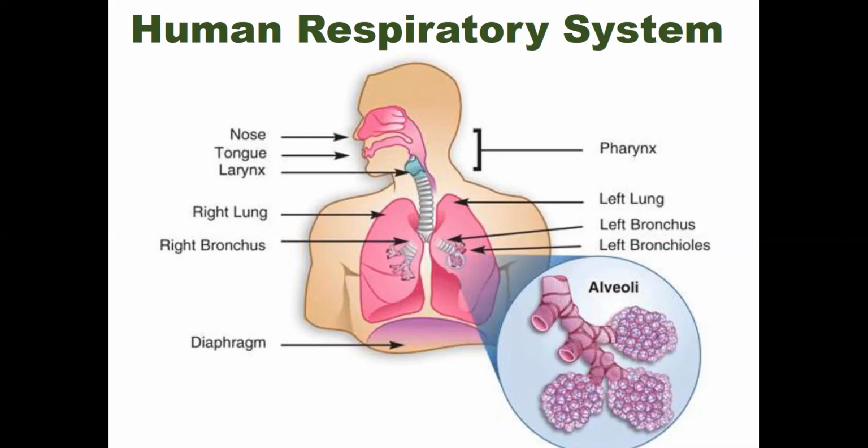What are the functions of the lungs? Let me tell you. The primary function of the lung is respiration. The lungs take in oxygen, which the body cells need to live and carry out their normal functions. The lungs also get rid of carbon dioxide, a waste product of the cells.